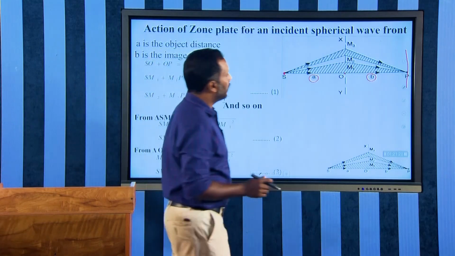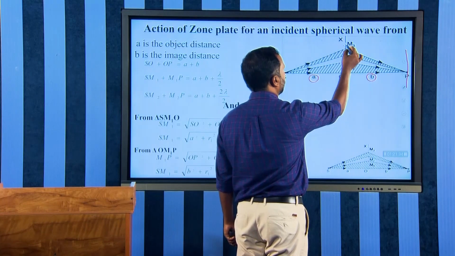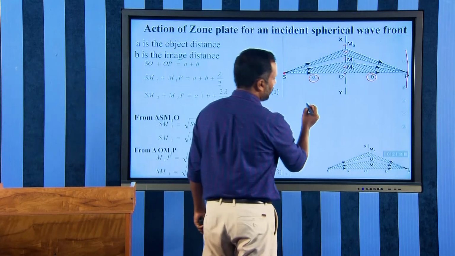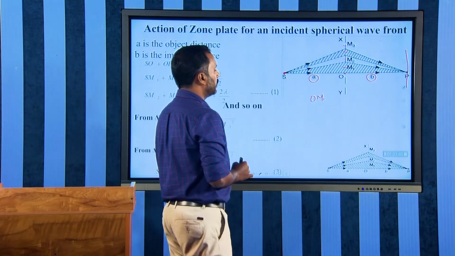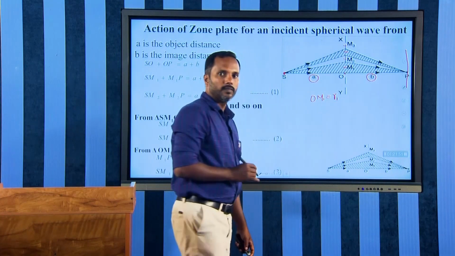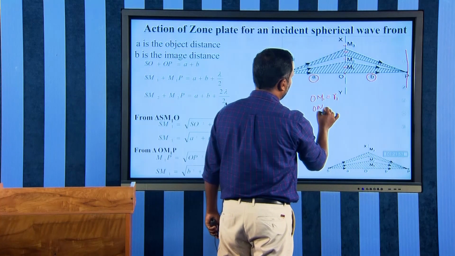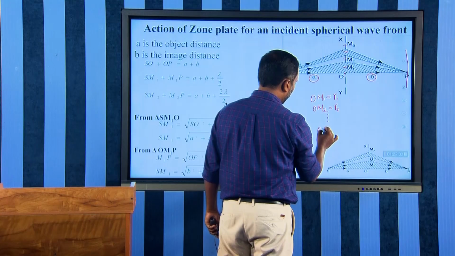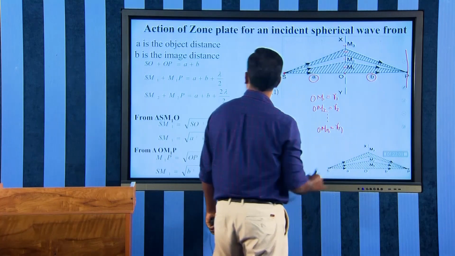Here there are different zones: one transparent zone, then an opaque zone, then a transparent zone, then an opaque zone and so on. Here OM1 is the radius of the first zone, that is R1, and OM2 is R2, the radius of the second zone, and so on, radius of the third zone, fourth zone, etc. Then OMn will give you the equation for Rn.